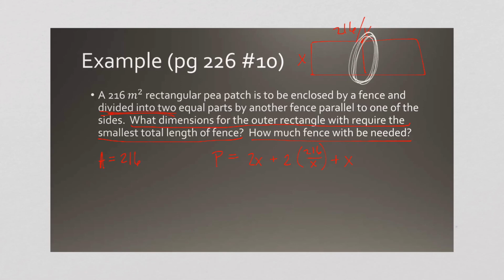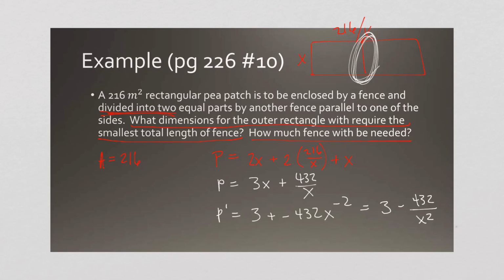I'm putting a fence in between my 2 parts, so I got to include that guy. So my perimeter is 3x plus 432 over x. And that is what I'm going to try to figure out the derivative of. So p prime is 3 plus negative 432x to the negative 2, which is the same as 3 minus 432 over x squared.